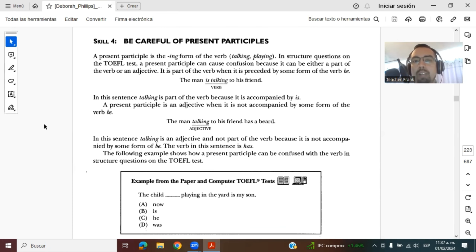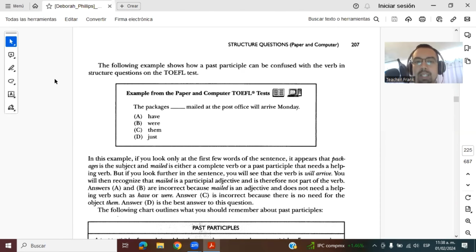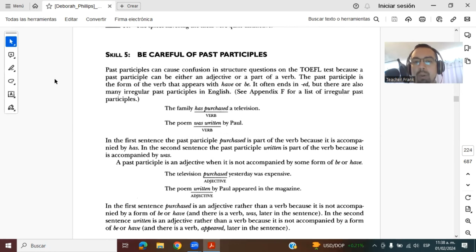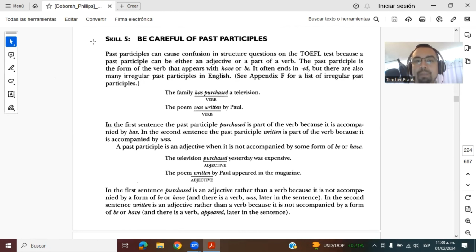Then skill 4 and skill 5 have to do with the verbs, right? In this case, skill 4 has to do with present participles, which are the ing. And we have to remember that we need some type of form of the verb to be for it to be a verb. If there is no form of the verb to be, then it's an adjective, and we have to find the verb elsewhere in the sentence, right? Skill number 5 is very similar too, except that now we're working with past participles, where these are normally the third column or the ed when they're regular verbs, the third column in a verb list.